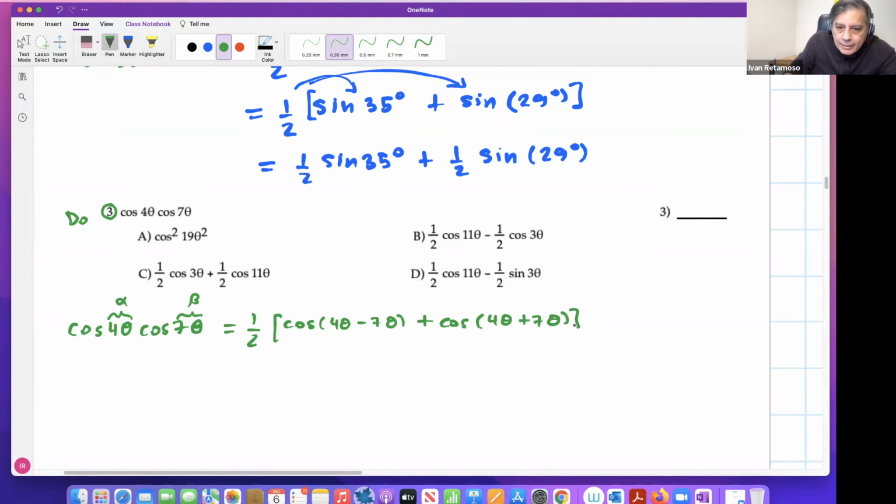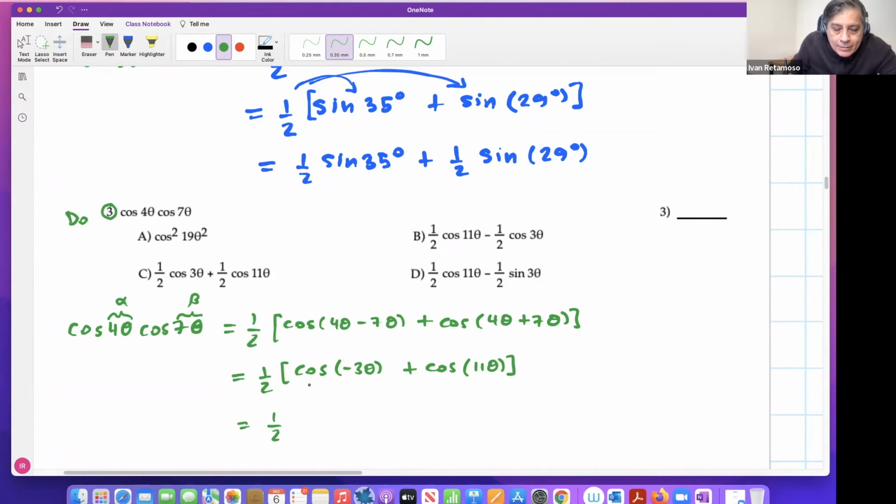Okay, very good. 1/2 of cosine of 4 theta minus 7 theta, since this is the dominant in value, is minus 3 theta, right? Plus cosine of 4 theta plus 7 theta, 11 theta, right? 11 theta. 1/2 of.